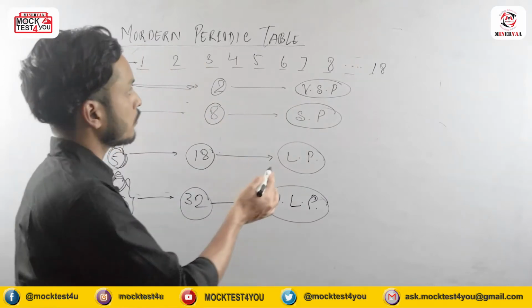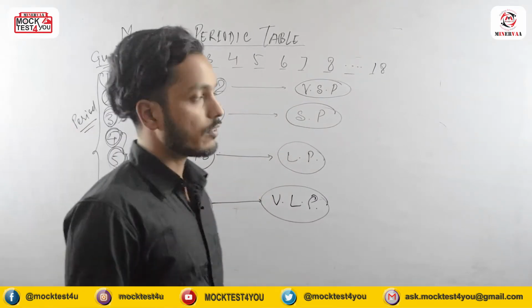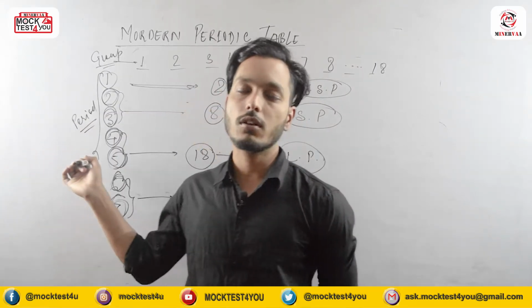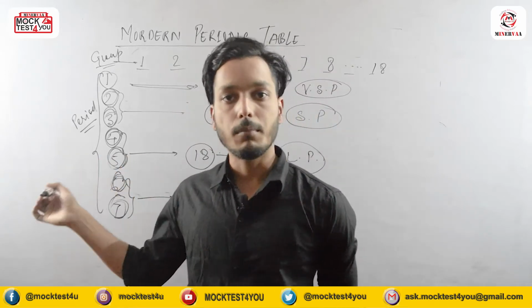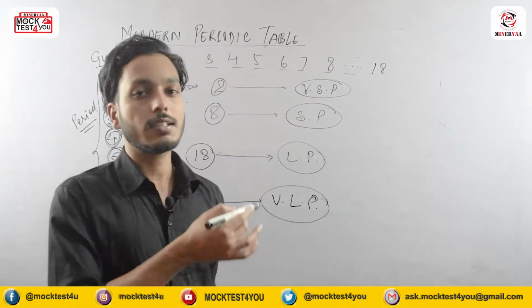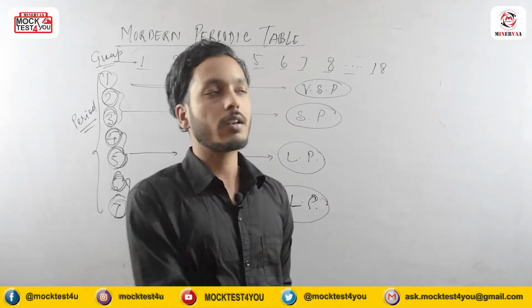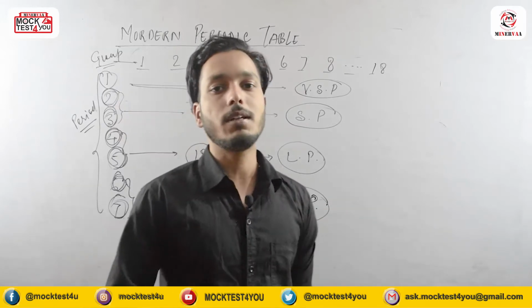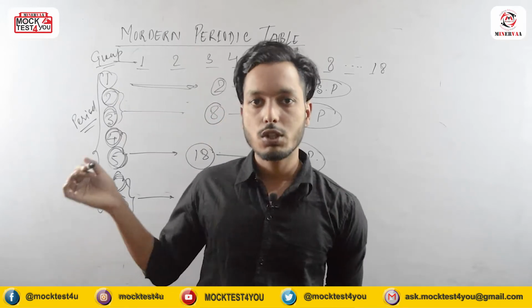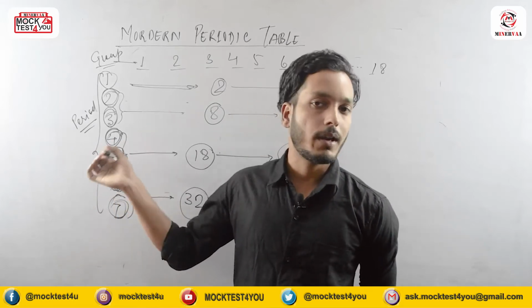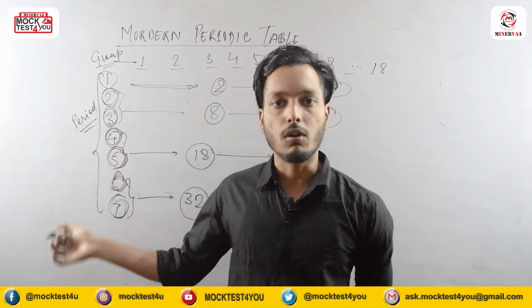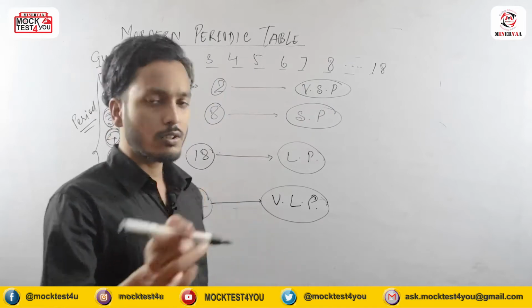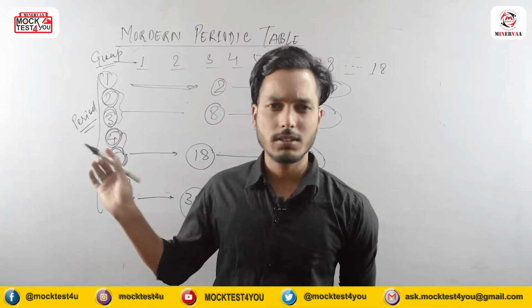Now, this modern periodic table, as we have already discussed, is based on the concept of atomic number, right? Since it is made on the concept of atomic number, most of the drawbacks which were in Mendeleev's periodic table have now been solved. As you can see, the position of hydrogen is still debatable.